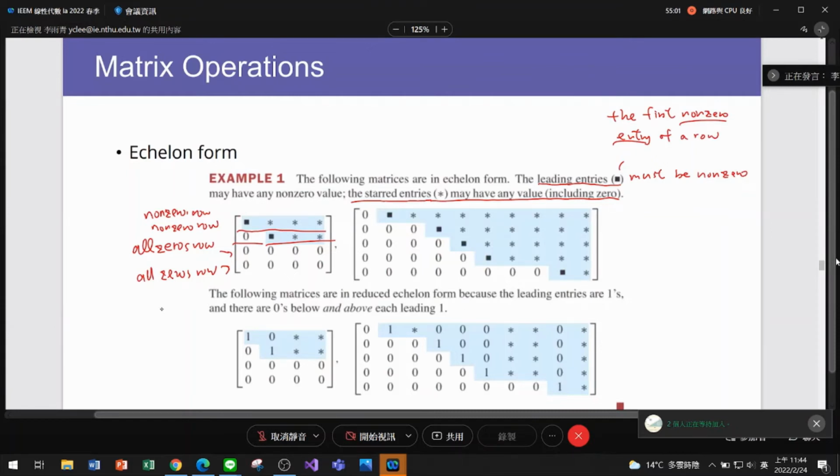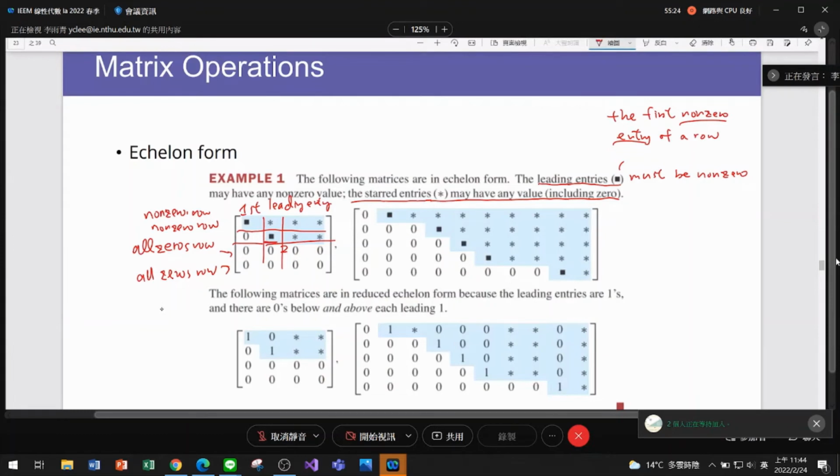So this is the first leading entry of the first row. So therefore, for the second leading entry of the second row, it must be to the right of the first leading entry. It cannot be to the left.